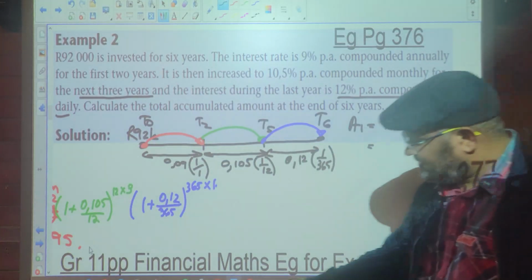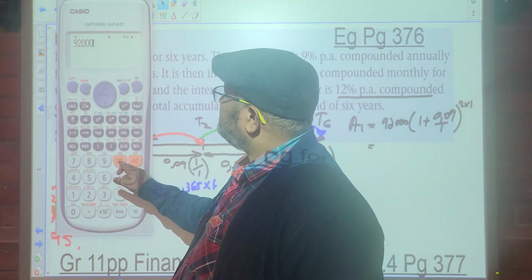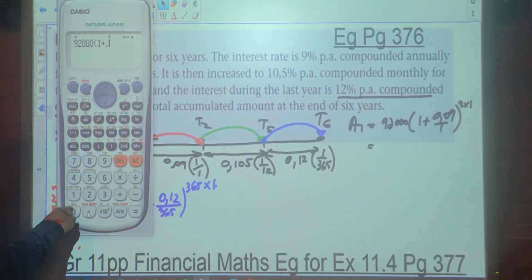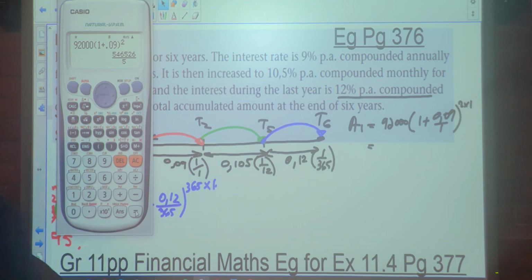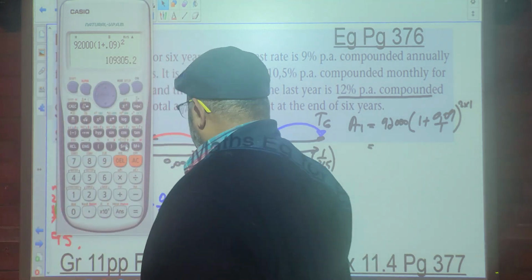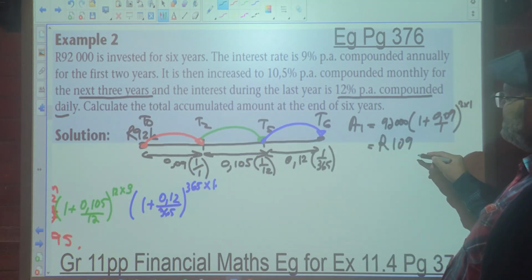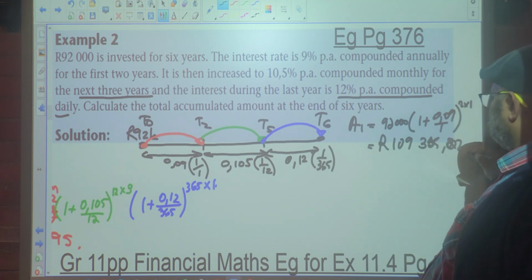Okay, so what do we get? 92,000 into 1 plus 0,09 to the exponent 2 gives us 109,305 comma 20 cents.